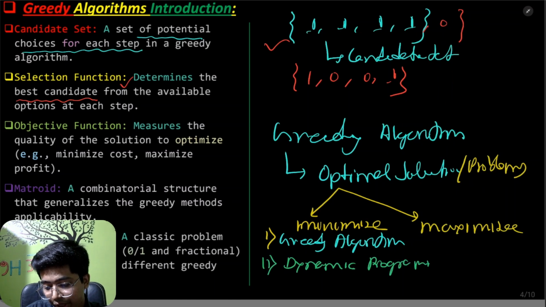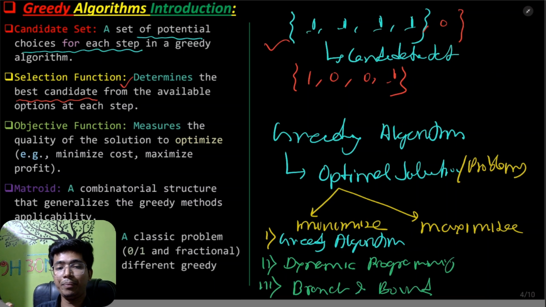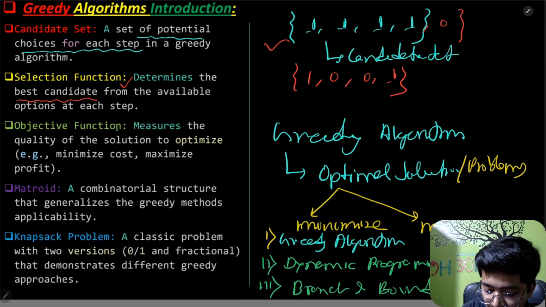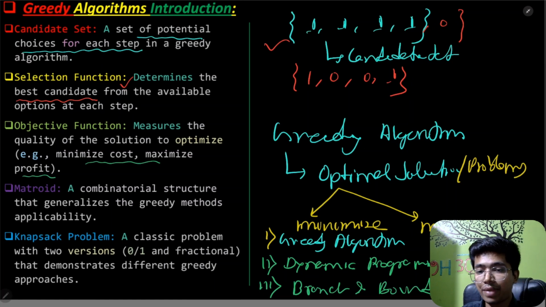The third way to solve optimization problems is branch and bound. So these are the ways we can solve optimization problems. So the objective function is to minimize cost or maximize cost. That is the main function of the objective function.